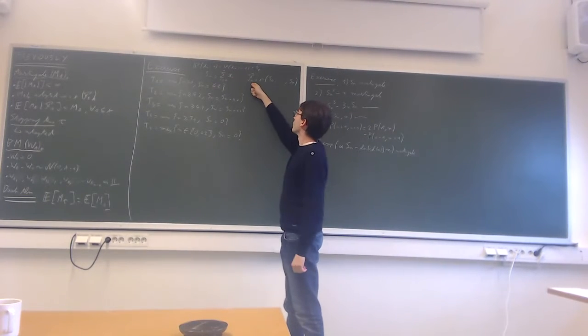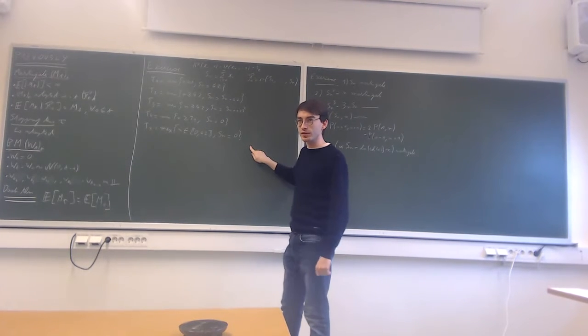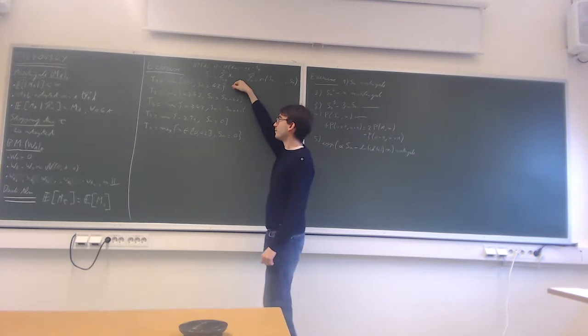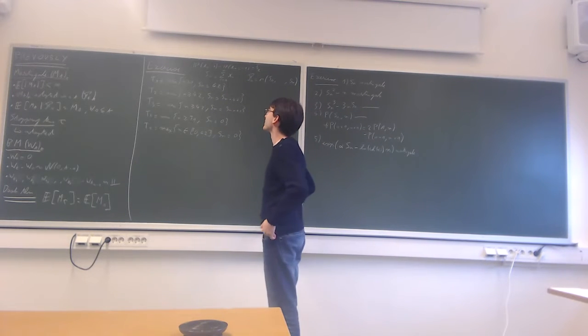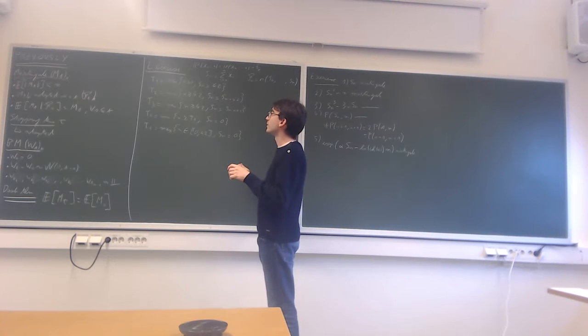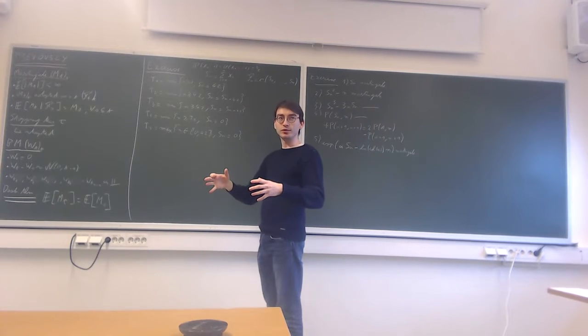The filtration is the one spanned by S_0 to S_n, and which of these are stopping times. This is not completely trivial. You have to say which ones of these 5 stopping times depend only on the present and the past, and not on the future.